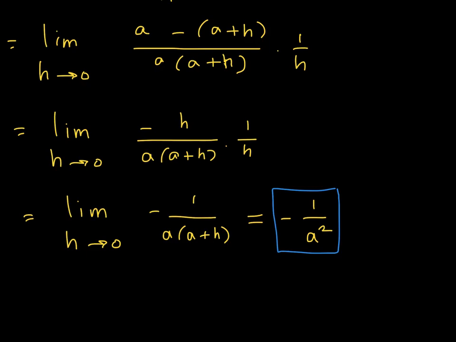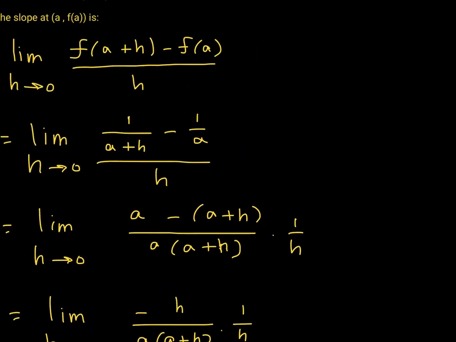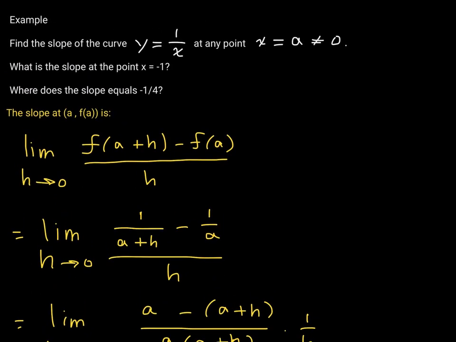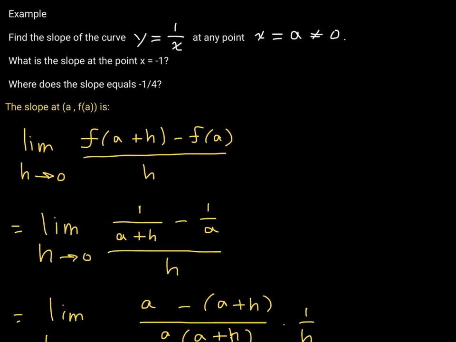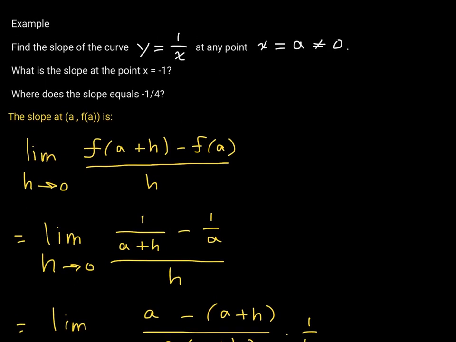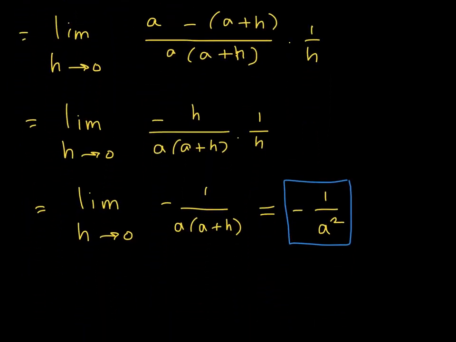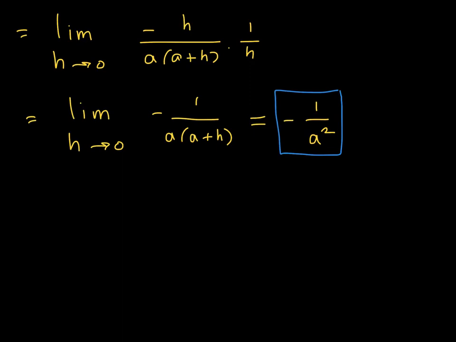Okay, now, what was the second question? Let's scroll back up. I don't mean to get you dizzy. Let's see. Find the slope. So we just did. It is negative 1 over a squared. And now what is the slope at the point x equal to negative 1? So now that we know what the slope is at any point, we can just substitute negative 1 into our expression for the slope, into this expression here.